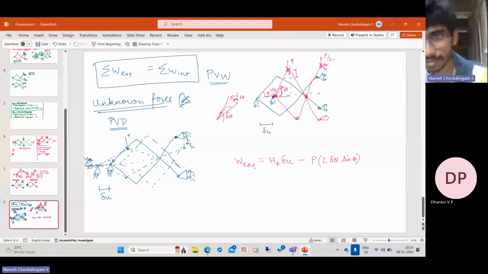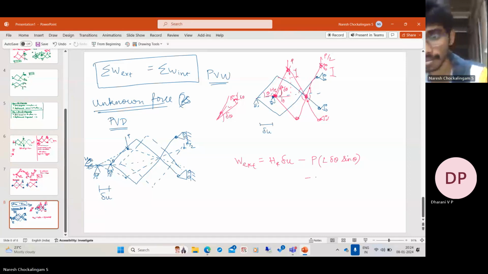And what about here? Here also, if this has gone up, this rotates by the same angle, delta theta, because of the mechanism. So you're pushing it to the right, and the load is always acting there. Again, what does this move?